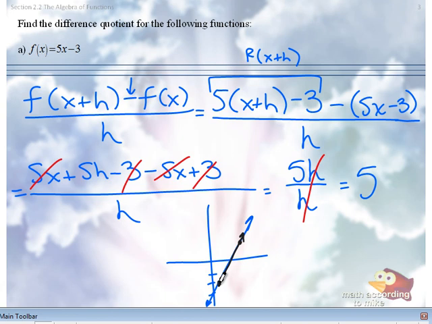So difference quotient would be a slope. Now here's the deal. Notice that this is just a number 5, because no matter what 2 points you pick, the slope stays the same, i.e. it's constant. However, as we're going to see, if we had a different type of function like a quadratic, depending on the 2 points you pick, like if I pick these two, the slope would be negative.